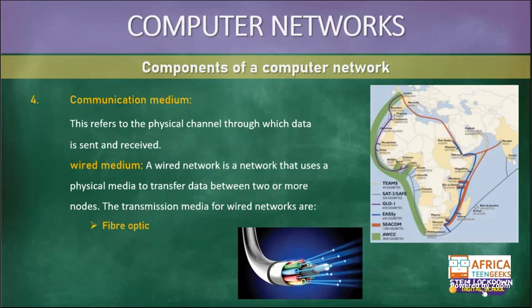So wired medium, it's a wired network that uses a physical media to transfer data between two or more nodes. And then this one is, again, as we said earlier, transmission media for wired networks. And we are dealing with the second one, which is fiber optic.